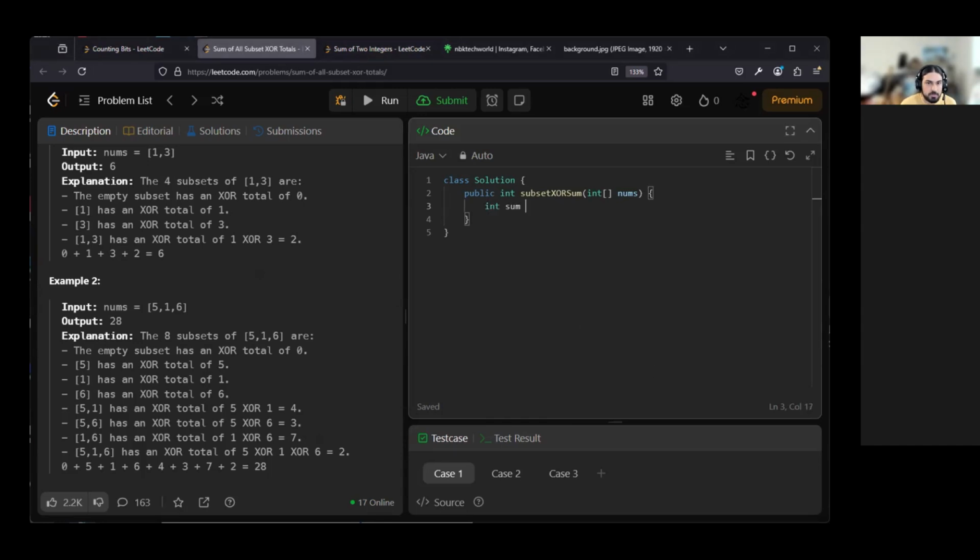So let's make a variable for the sum, and I'll return something at the end. Let's just keep sum there, but we've got to do something about it. Now, if you take every number and OR them, it's almost the same solution except it's shifted because of those zeros on the right.